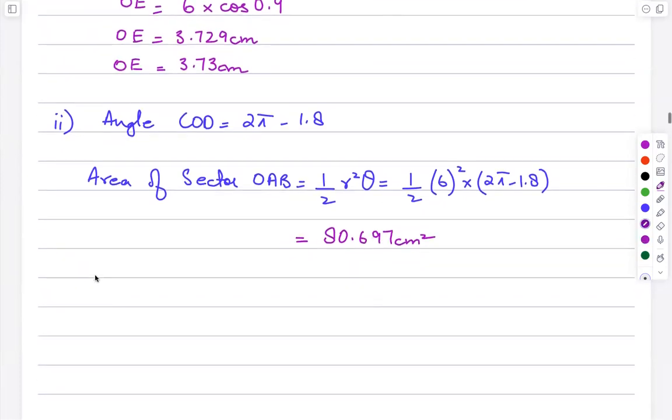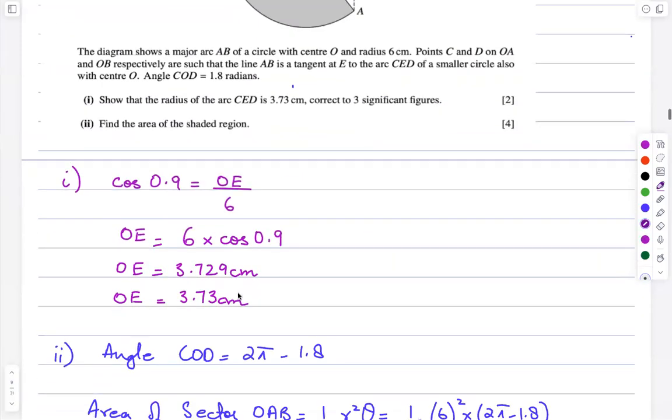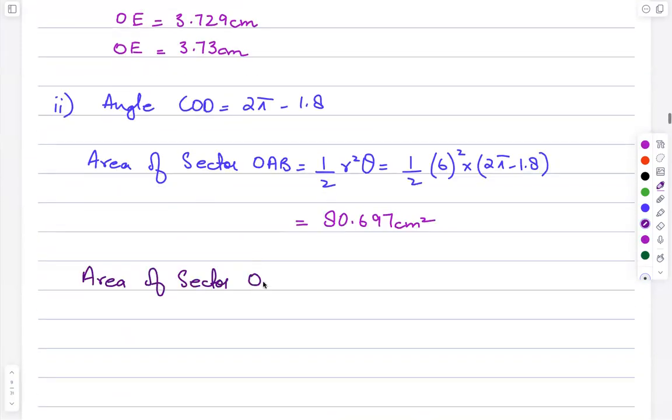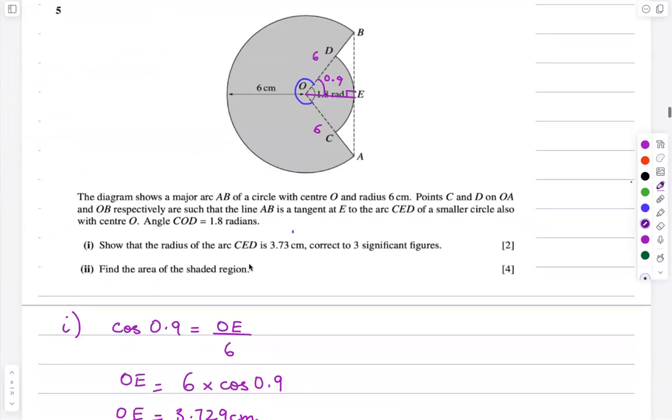Now finding the area of the smaller sector, we can call that sector ODC. So the area of sector ODC will be given by half into r squared. Now, we already have the length of the radius, which was 3.73.